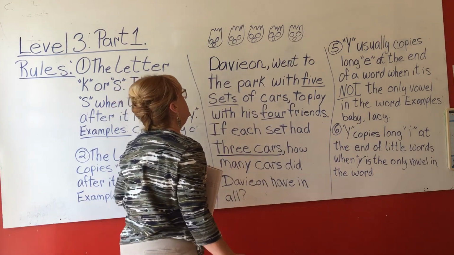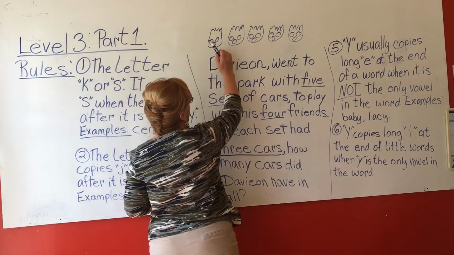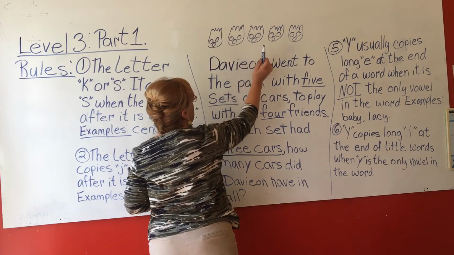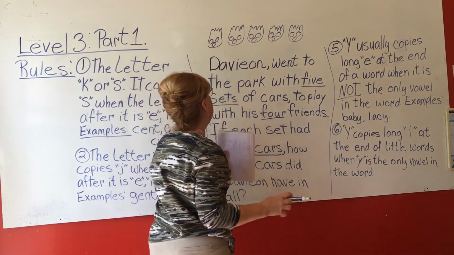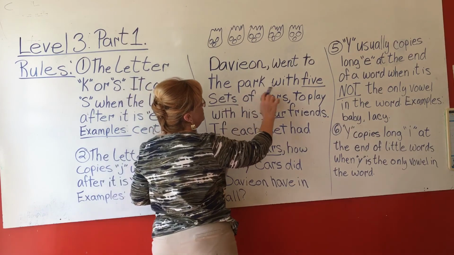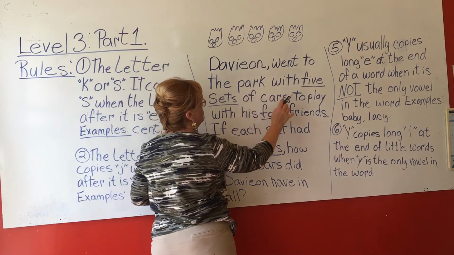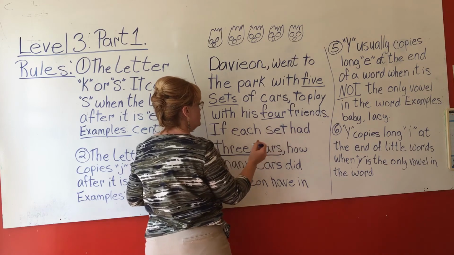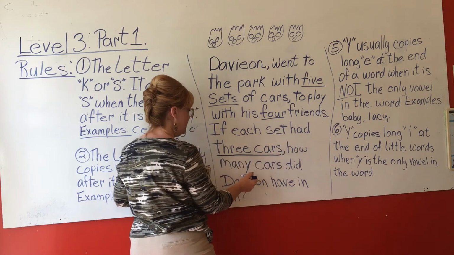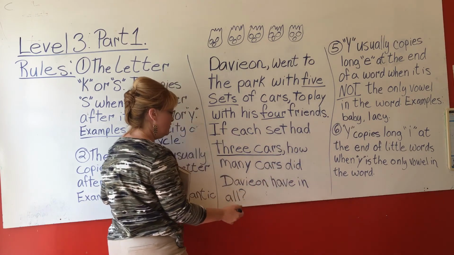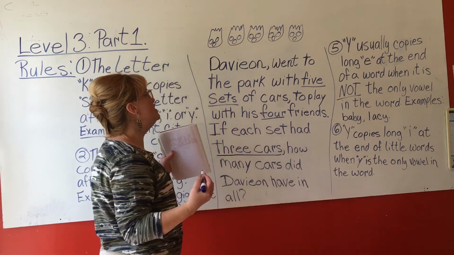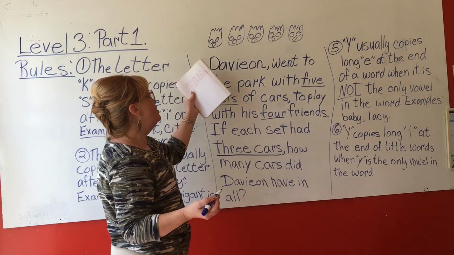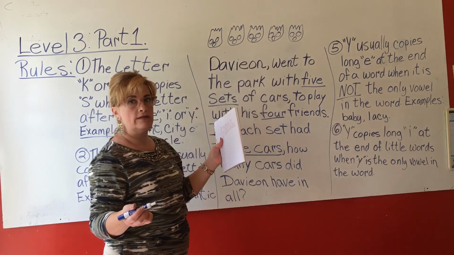If you want to draw cars specifically, you can. So instead of counting them one by one, okay, what is this saying if it says the park, when you went to the park with 5 sets of cars to play with his 4 friends, if each set has 3 cars, how many cars did Davion have in all? So what would we do? What would be a faster way than counting them one by one?